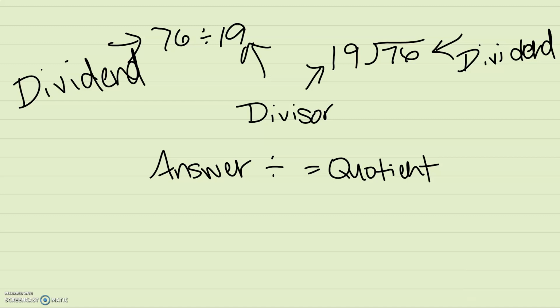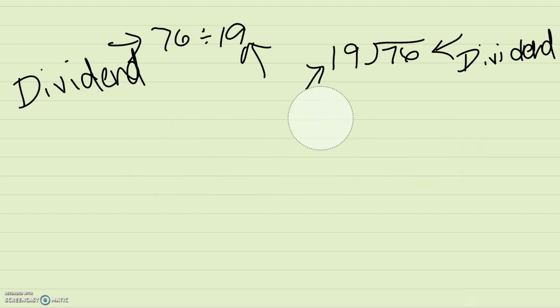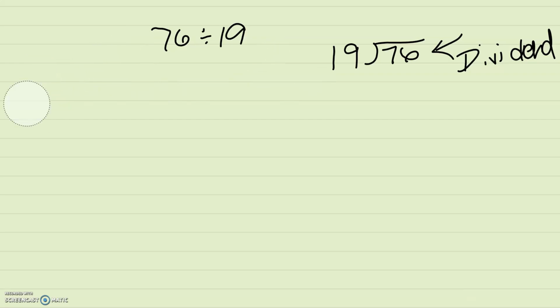Let me erase what I have written so far. We are just going to keep the problem itself. So how many times can 19 go into 76? Well, 19 is close to 20, right?